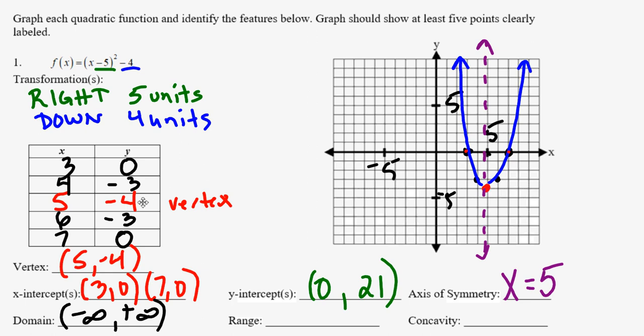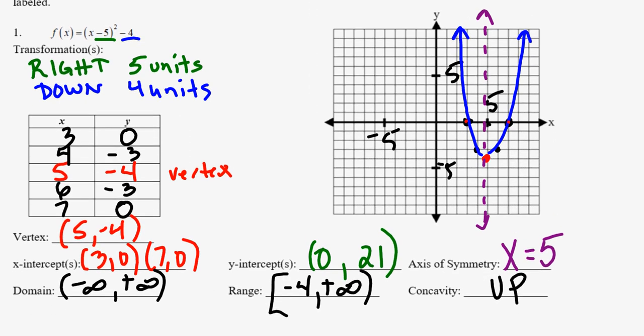You can see it in your table as being the lowest y value. Now, what's the highest it can go? Well, because it's increasing, because we see the concavity is up, that is going to go to positive infinity. So I can finish my notation for those 2 things. I've got a bracket around the negative 4, parentheses around my infinity, and I got my concave up.